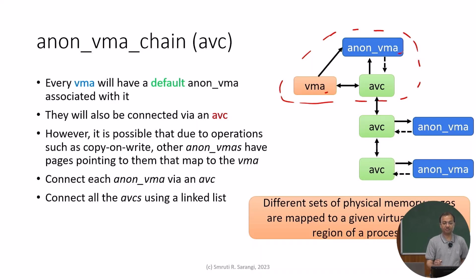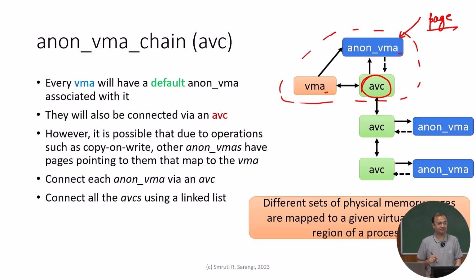This is the private Anon VMA of the child, where all the pages that the child has created, either fresh or via a copy on write, point. These pages need not be exclusive, but they are the ones that the child created, fresh. It was not inherited from anywhere. And as I said, to maintain consistency, a VMA is connected to its private Anon VMA via an AVC node.